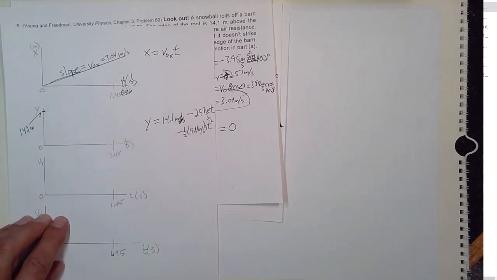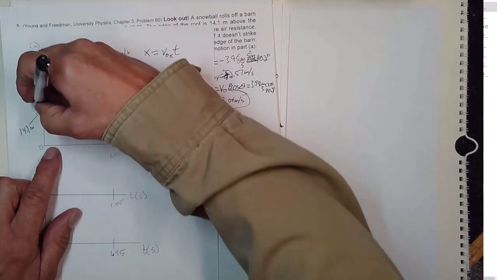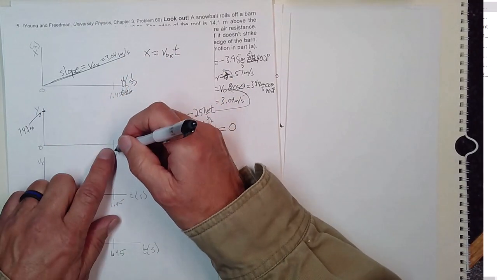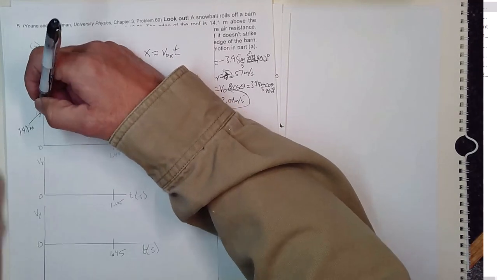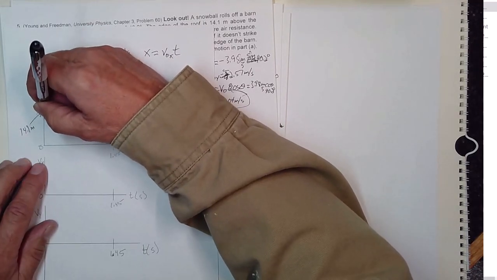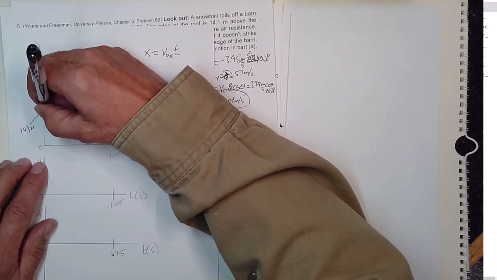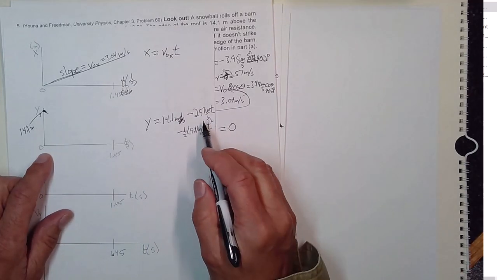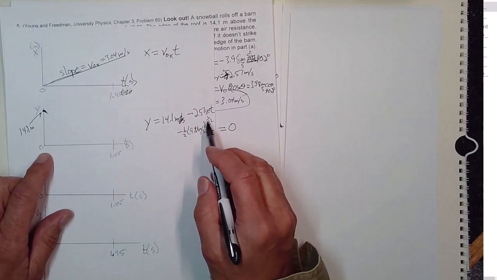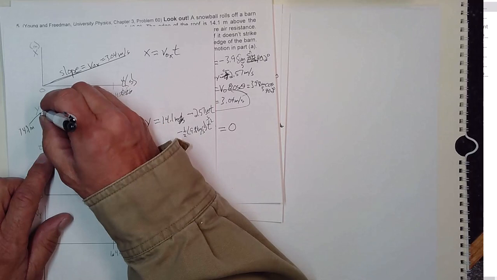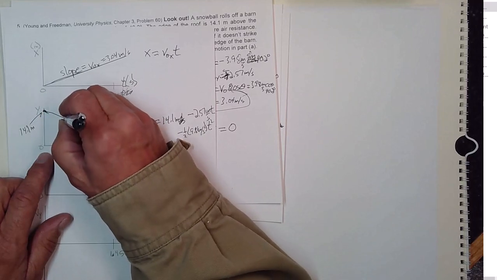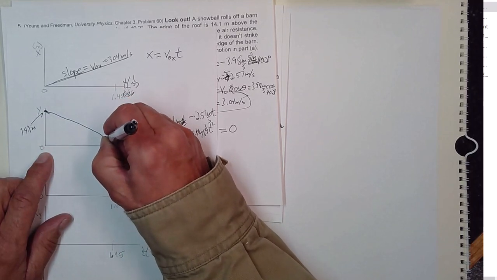All right, and it's actually got a negative slope to start with, but because I put that so far out here, I have to give it a barely negative slope. The slope at time 0 is the 2.57 meters per second, negative, but it gets steadily more negative as time goes by.